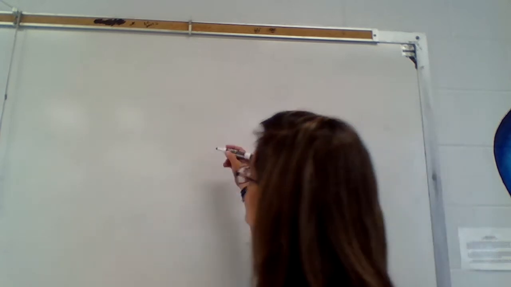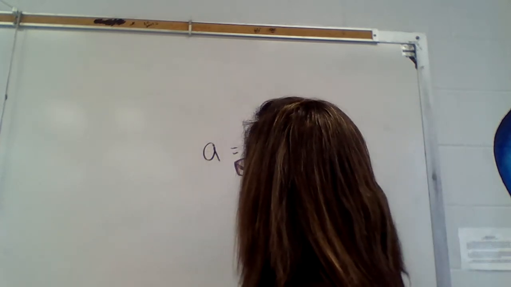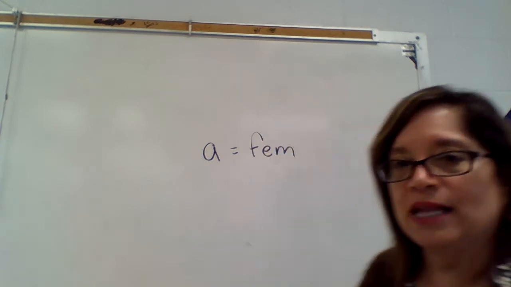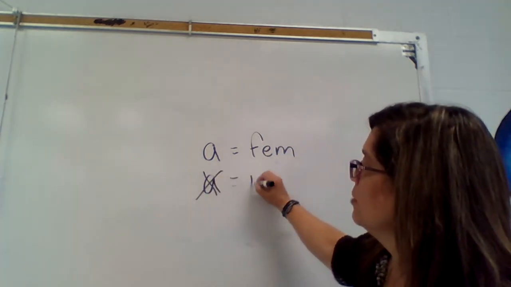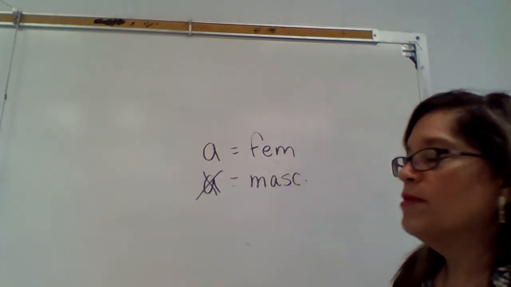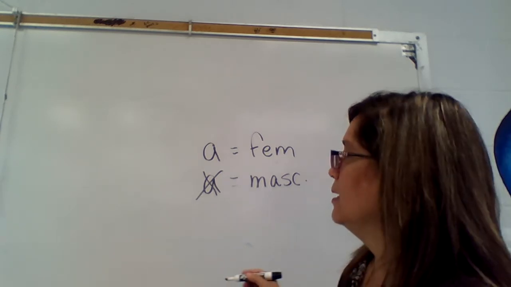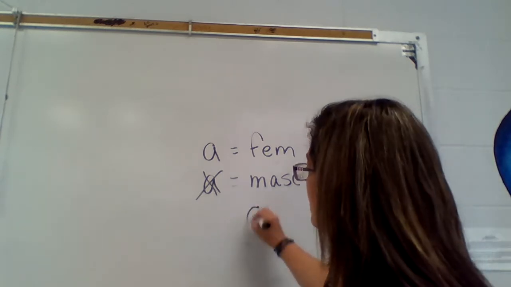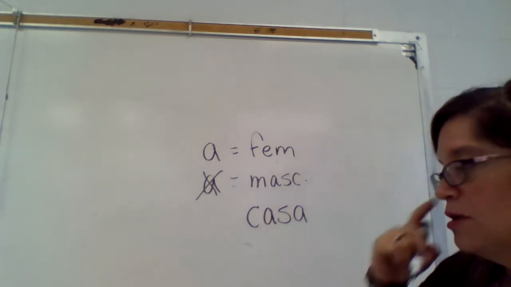Normally, nouns that end with an A tend to be feminine, and nouns that end with anything that is not an A tend to be masculine. Okay? So let me give you an example. If I say the noun casa, that means house in Spanish.